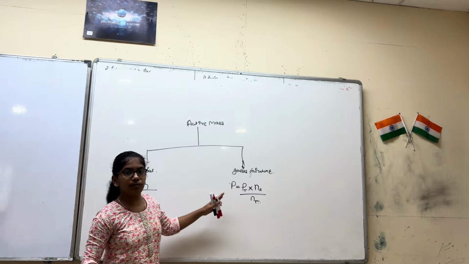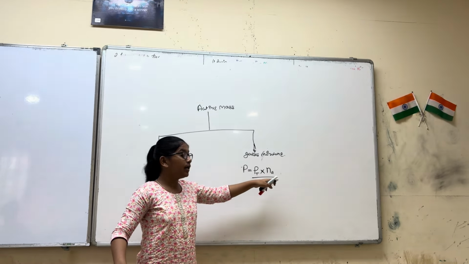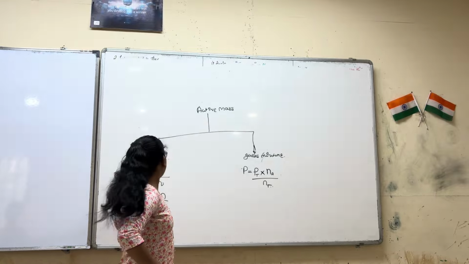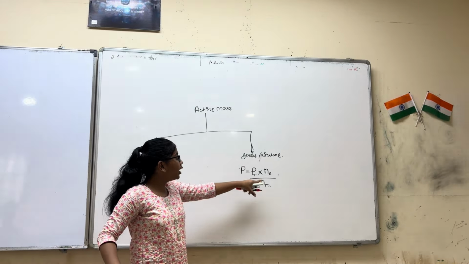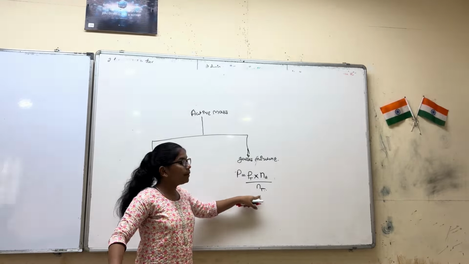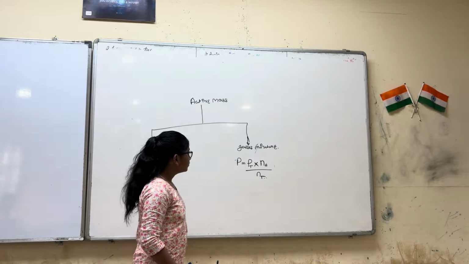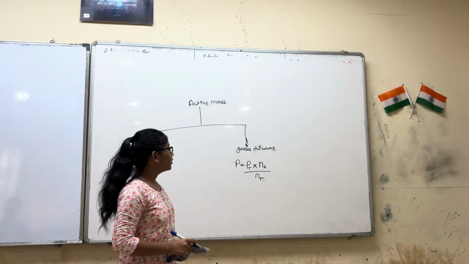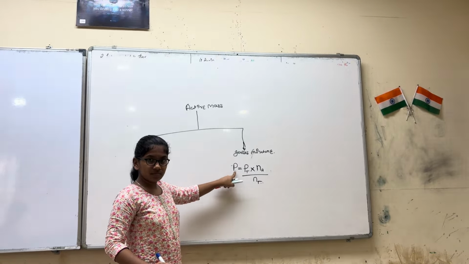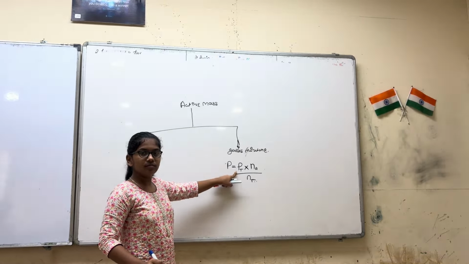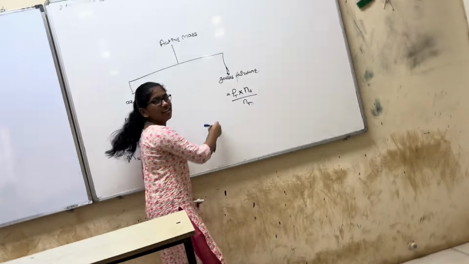P का मतलब total pressure. n का मतलब number of moles of reactant. nT का मतलब total number of moles. PT is total pressure, right?